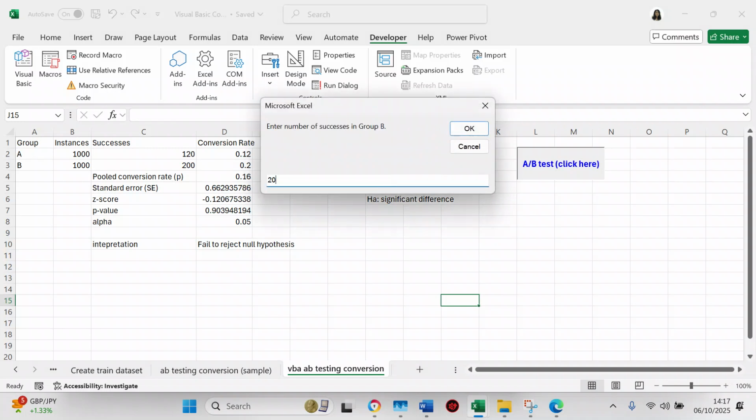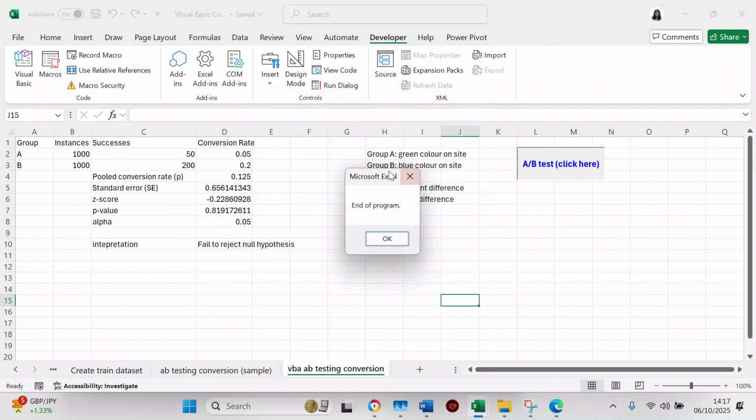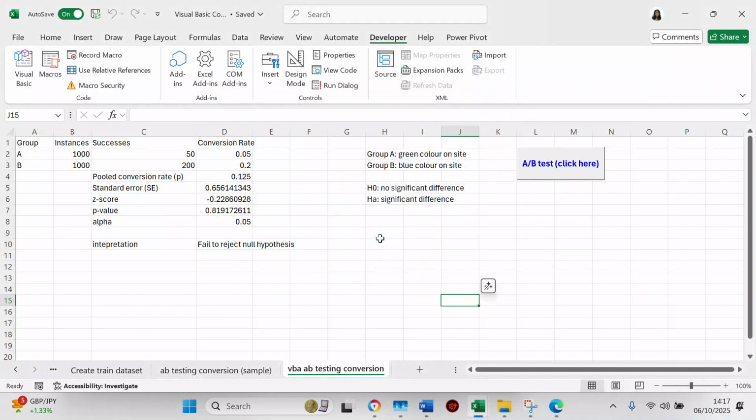Successes on B, I'm going to say 200. Significance level is 0.05. It still says fail to reject the null hypothesis.